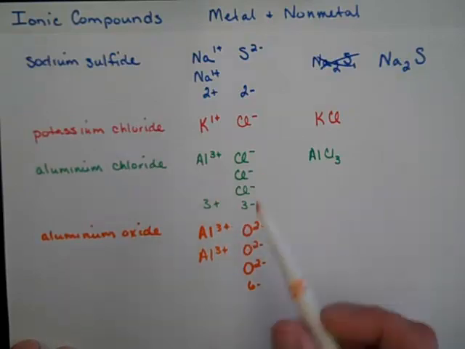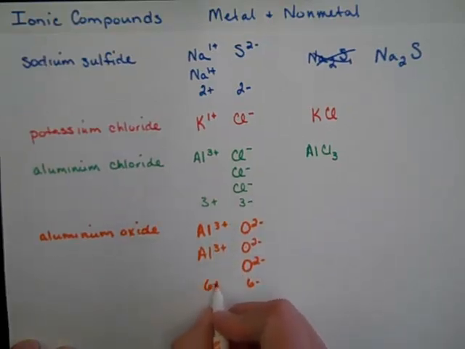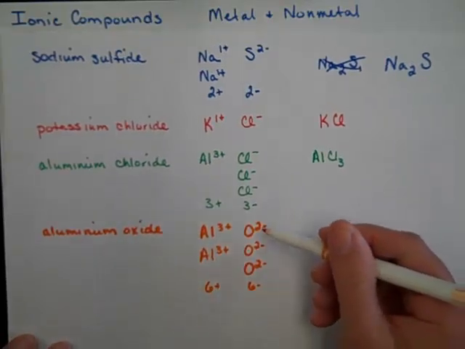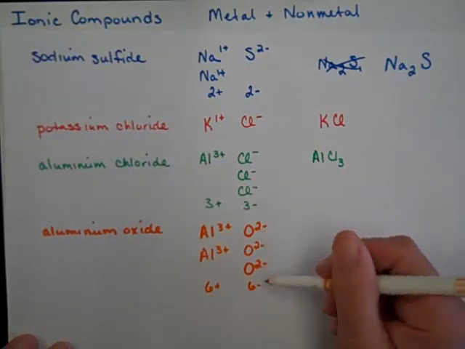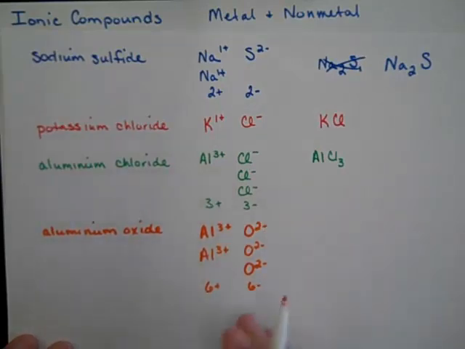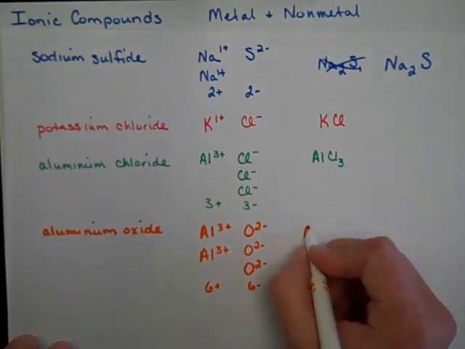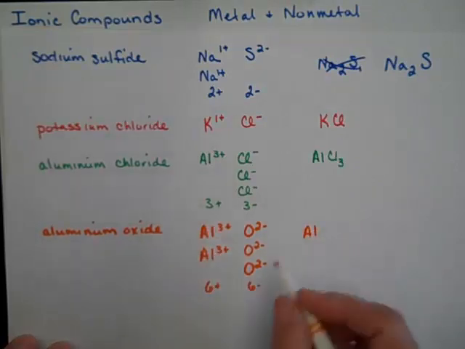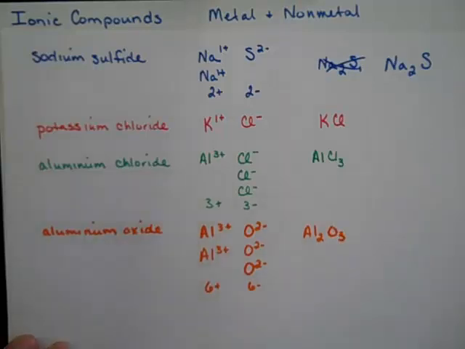So if we have 2 aluminums, then we have 6 positive charges. And if we have 3 oxygens, then we have 6 negative charges. So the formula for aluminum oxide would be 2 aluminums and 3 oxygens.